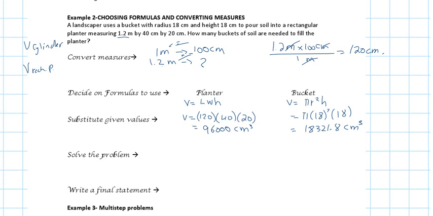Okay? So the number of buckets. So in this case, did they give you a formula for this? You had to kind of come up with a logical formula. Right? So the number of buckets is the volume of the planter divided by the volume of the bucket.